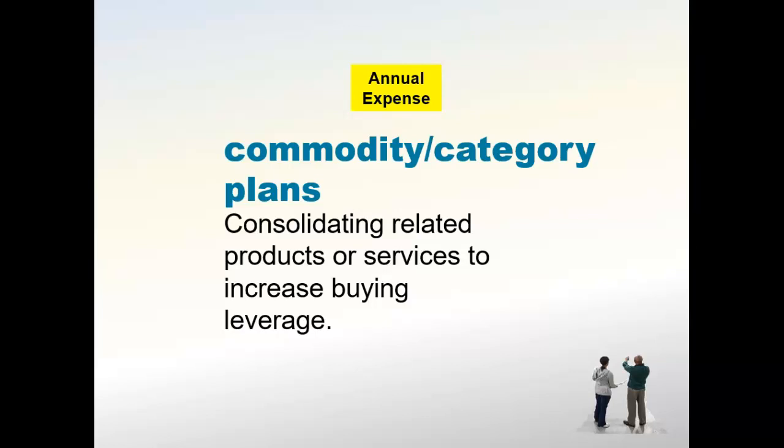Now, grouping individual purchases together to create buying power, such as consolidating all purchases of milk, butter, and cheese into dairy products, creates the foundation of a commodity or category plan.